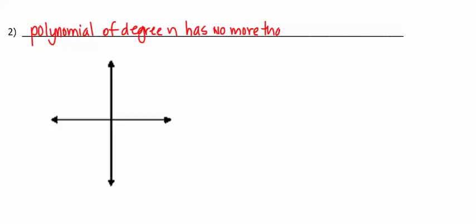Something else about polynomial functions, a polynomial function of degree n has no more than n minus 1 turning points.